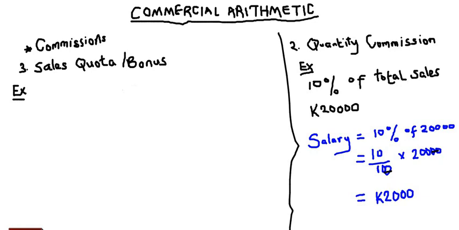All right. So let's say the salesperson is paid 10 kwacha per week, in which they are given a target in terms of sales of 1,000 kwacha.